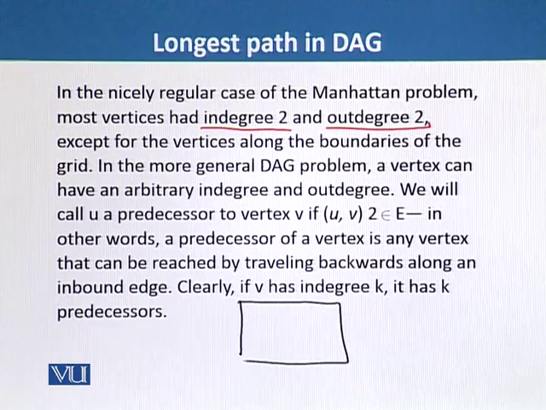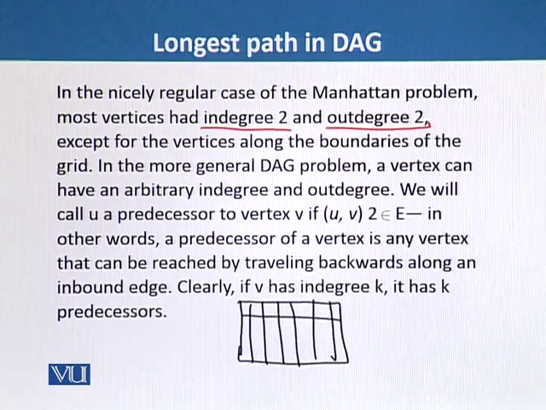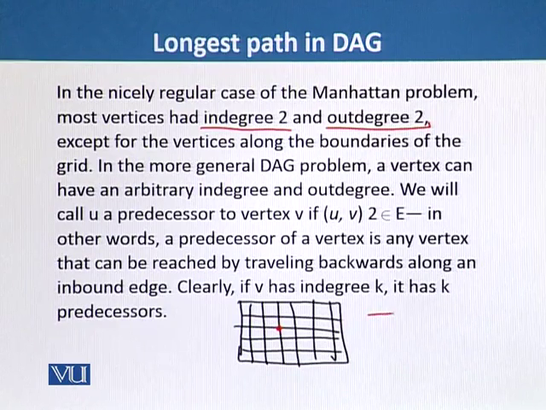This is the grid, which we designate as grid S, and for every vertex we can move either in the east direction or in the south direction.